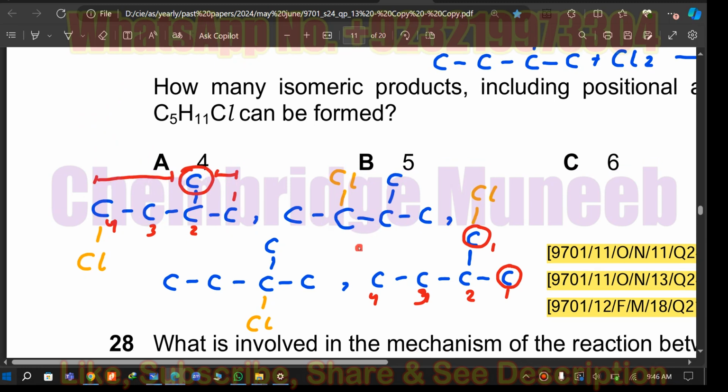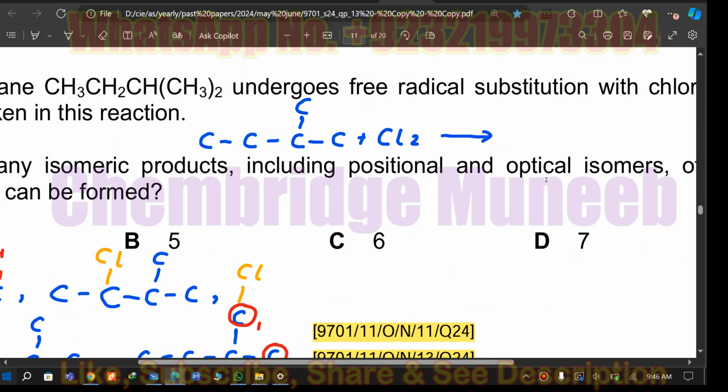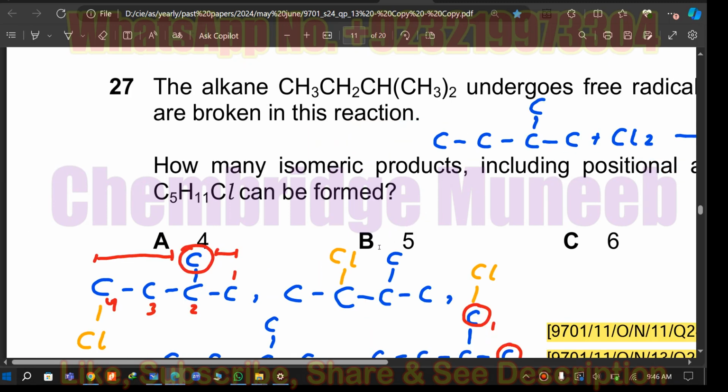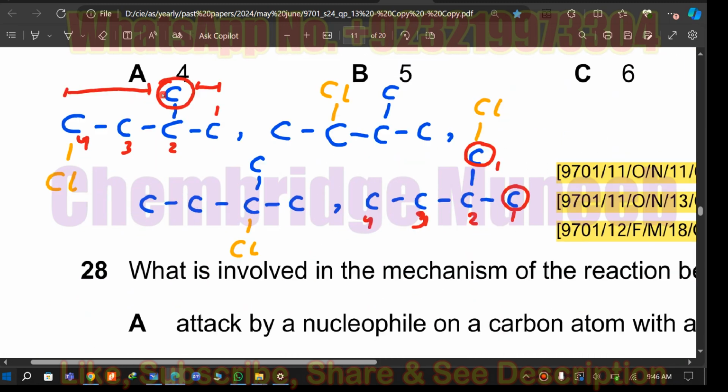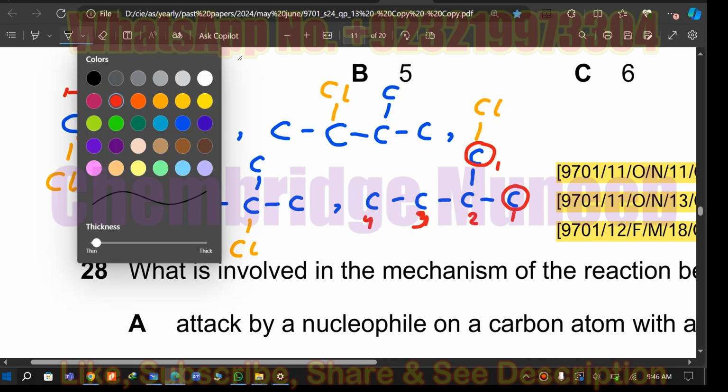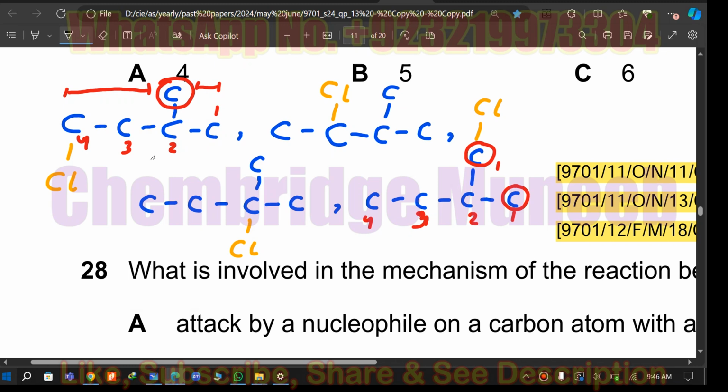Now we have to find the optical isomers as well. To find the optical isomers you need to look for the chiral carbons in all of these structures. So let's start from the first isomer. I'm writing this one as first, this one as second, this as third, and this one as fourth isomer.